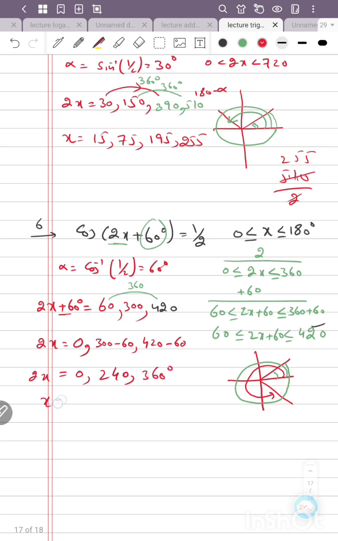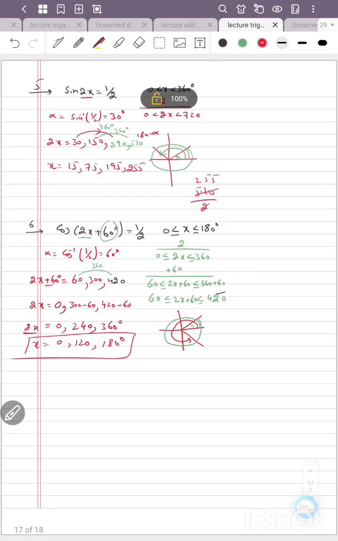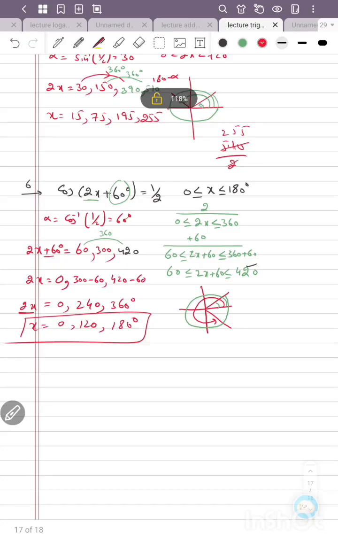Now we have to divide by 2, because on the left side there is 2x. Dividing by 2, we get 0, 120 and 180. Hopefully dear student you understand this question. We will go forward.